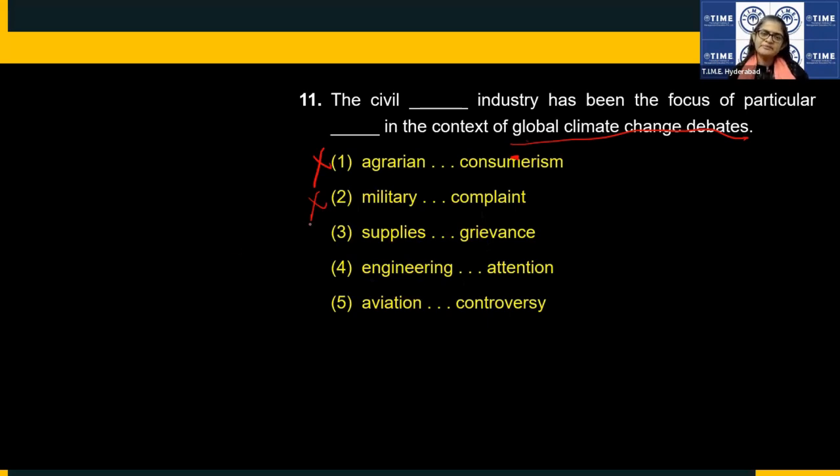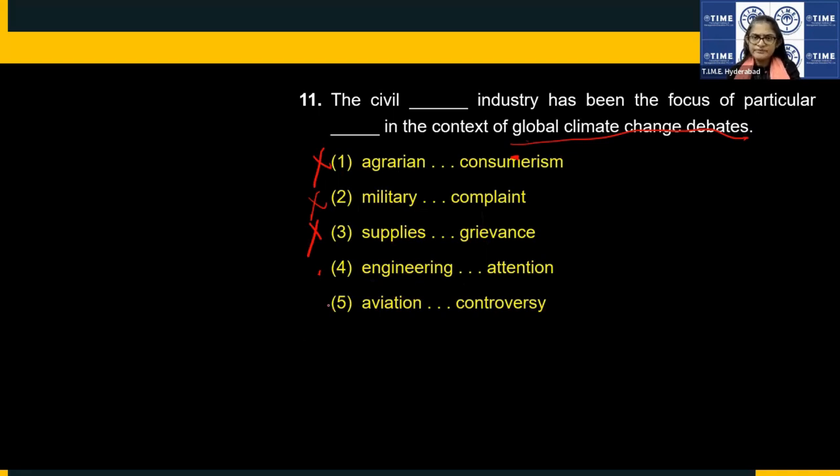Doesn't make sense. Civil engineering industry has been the focus of particular attention in the context of global climate change debates. Civil engineering is okay, attention is also okay here, but how is it related to climate change? To some extent, civil engineering, of course, can impact climate change, but not strong enough to say it has been the focus of particular attention.